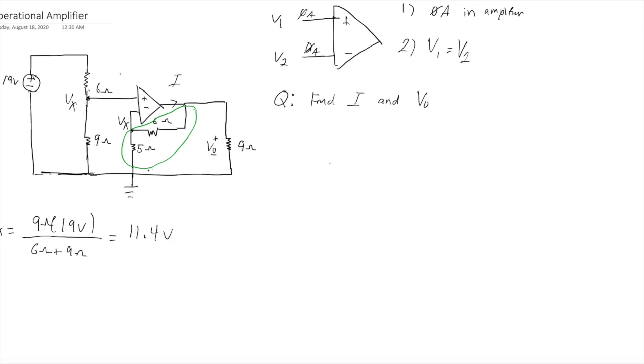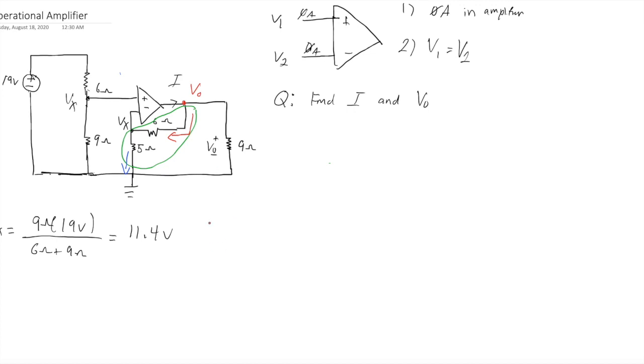And remember how we talked about how this wire shares the same current. So let's label this in blue. We can find the current going down here, and then in red, we can find the current through here as well. Once we find that current, we know the current through the red, so we can find what our V0 is, because this right here is also going to be V0.